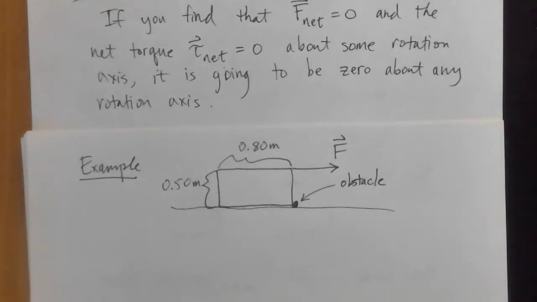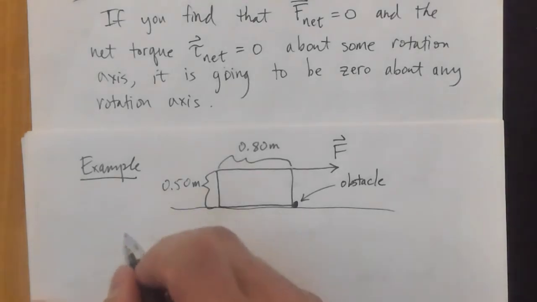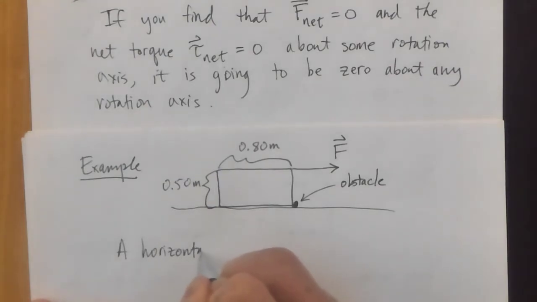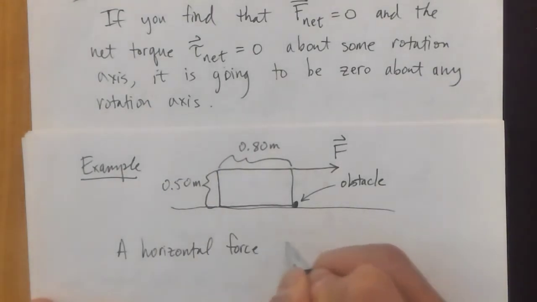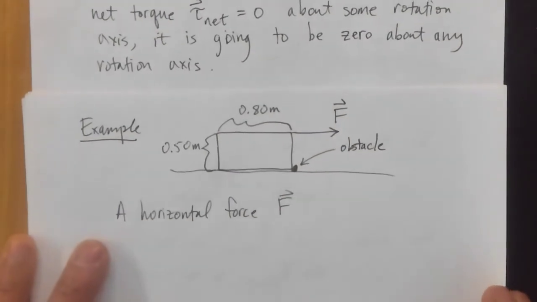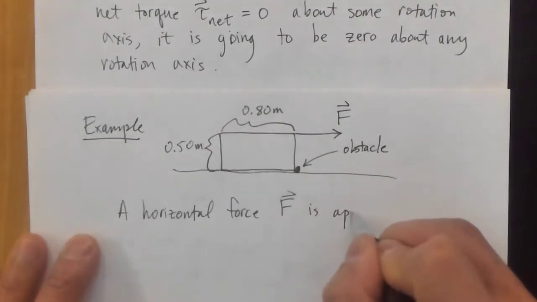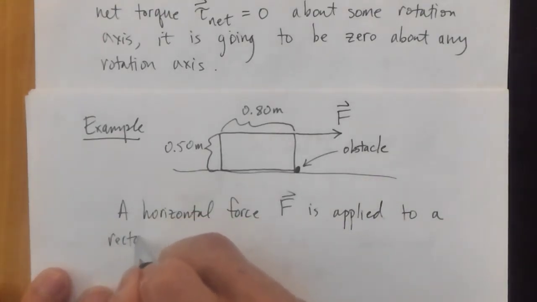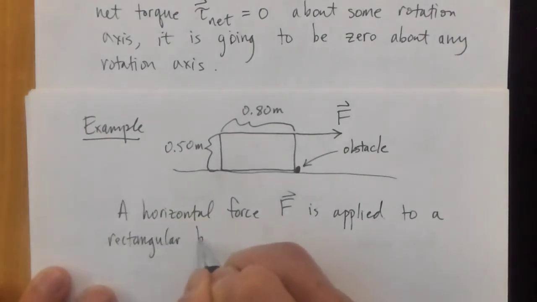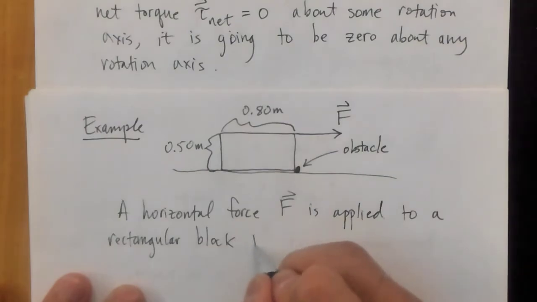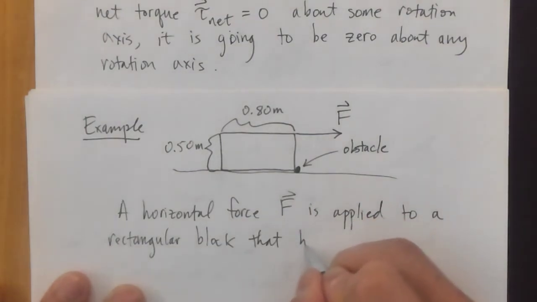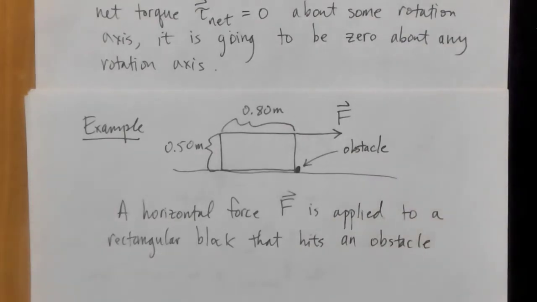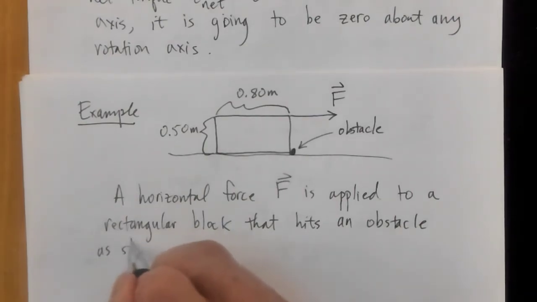And the words that go with this problem: a horizontal force F is applied to a rectangular block that hits an obstacle as shown.